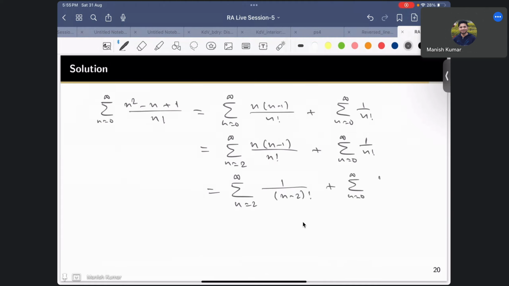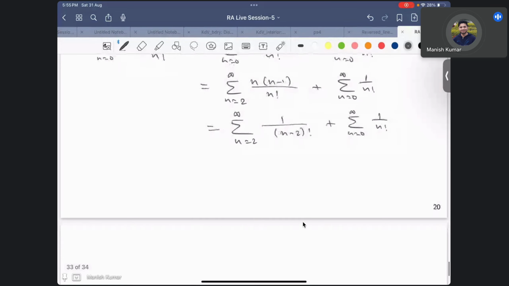If I do a change of variables, putting n minus 2 as m, m will vary from 0 to infinity, giving 1 by m factorial, plus the summation n equal to 0 to infinity of 1 by n factorial.